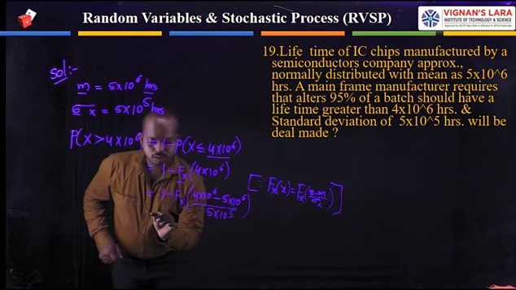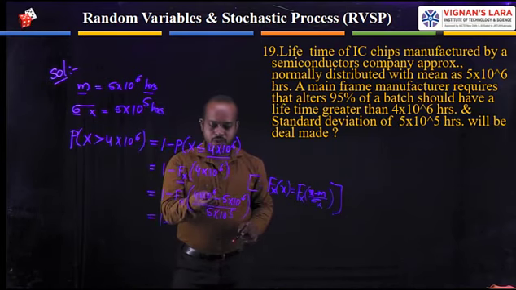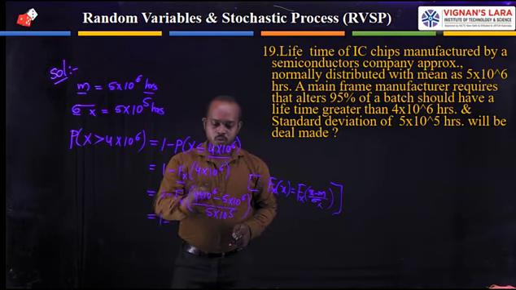Now you can simplify this. In the numerator, the powers of ten are equal, so we directly subtract the two quantities, 4 and 5.